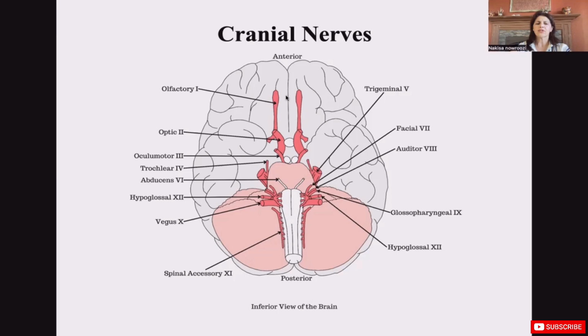These are the olfactory nerves, number one, and you have them in pairs on both sides.